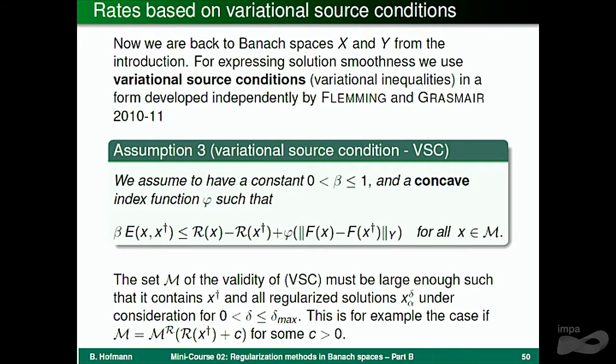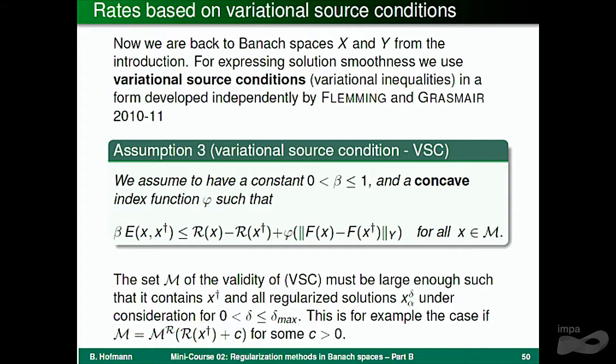And you see here, there is a difference of the penalty functionals, a variable and the solution point, and there is an index function of this norm difference here. And this E is nothing but an error measure. For example, in Hilbert space, you can think it's the norm of x minus x dagger squared, as we have always.